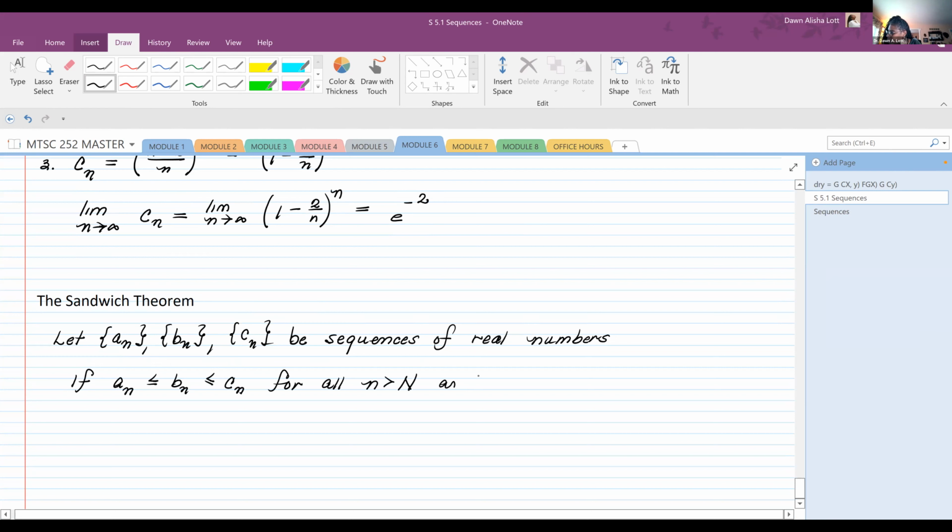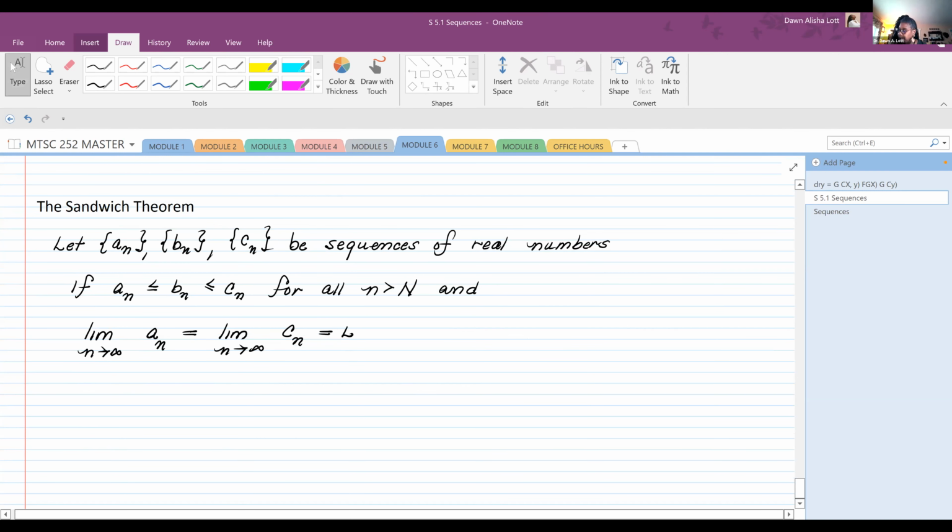And it's necessarily true that the limit as n approaches infinity of a_n is the same as the limit as n approaches infinity of c_n, and that limit is L. So a_n is going to L and c_n is going to L, then b_n can only be doing the same thing. The limit as n approaches infinity of b_n also has to be L. So it gets sandwiched in between.